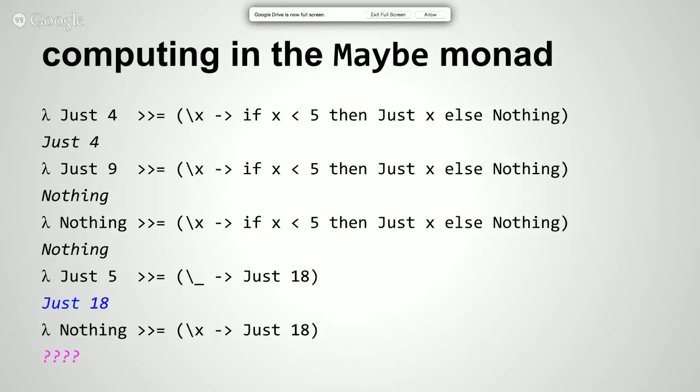Giving the argument a label was a red herring, because in fact that argument X is thrown out. If there was a value, you get Just 18, but since it's Nothing, that means the computation already failed, it terminated. So this function will actually never be run, it'll never be evaluated.